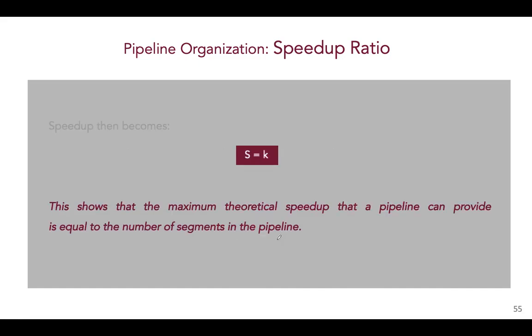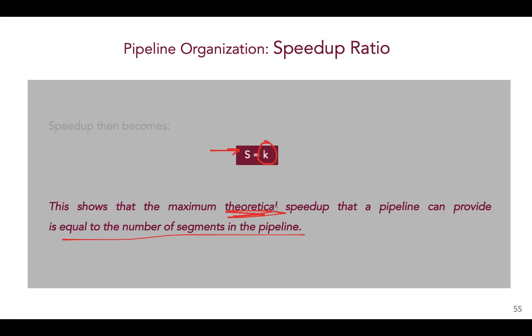This shows that the maximum theoretical speedup that a pipeline can provide, the maximum value of S that we can hope to achieve in a pipeline, is equal to the number of segments in the pipeline. Now this result is important, but what's more important to see is that the word we have chosen to use here is theoretical.